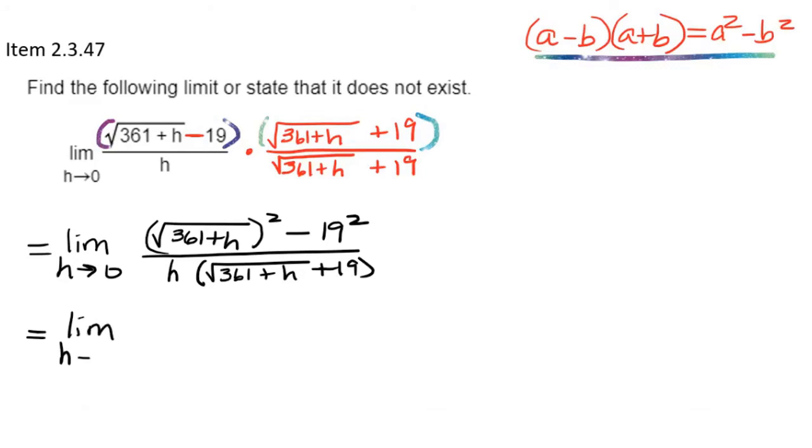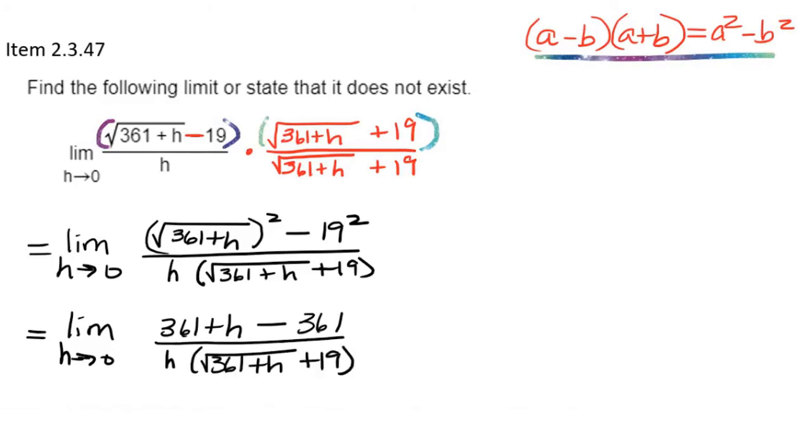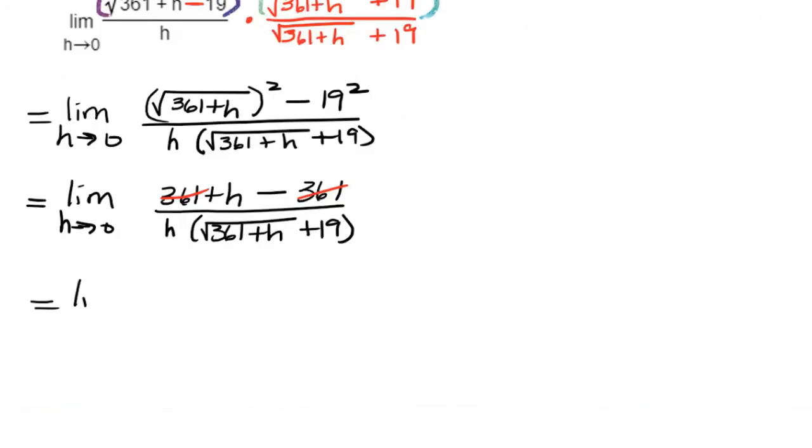Okay, so now we're going to simplify algebraically. We have the limit as h goes to 0, and then we're going to have 361 plus h, since the square root and the square cancel out, minus 19 squared, which is 361, and in the denominator that stays the same. Now 361 minus 361 is 0, so this equals the limit, and you see how I'm writing limit each time in each step, of h over h times all of this stuff in the parentheses.